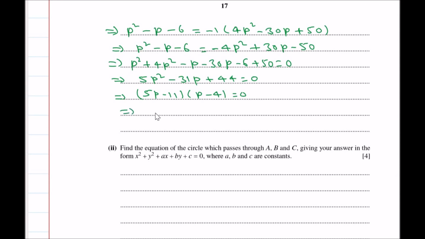So this implies that p equal to 11 by 5 or p equal to 4. 11 by 5 is not valid. So p equal to 4. This is the answer.